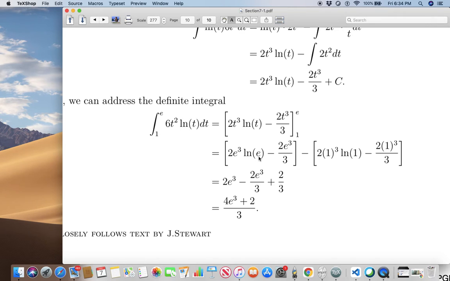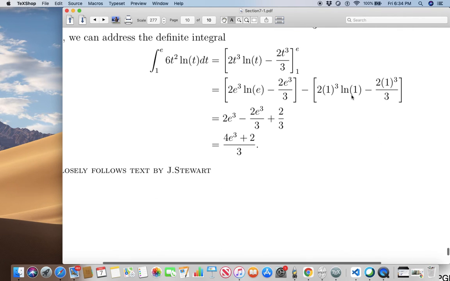Natural log of e is 1. Natural log of 1 is 0. So that's all we need to know. When I evaluate it at e, 2e cubed natural log e minus 2e cubed over 3, minus the evaluation at 1, which is 2 times 1 cubed natural log 1 minus 2 times 1 cubed over 3.